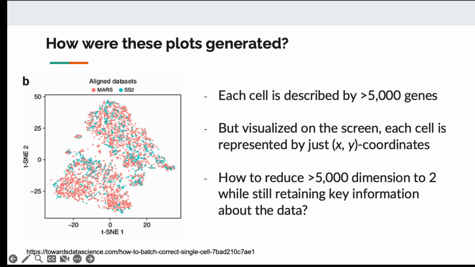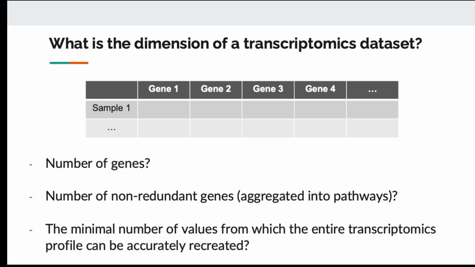So this is the first technique that we want to talk about. In transcriptomic data, we think about the dimension of the data in terms of, for example, the number of genes. If we measure the expression level of 4 genes, we think that our data has 4 dimensions. If we measure the expression level of 10,000 genes, maybe our data has 10,000 dimensions. But in biology, even though we measure the expression level for all genes, we do so because we don't know which genes will be relevant in our analysis.